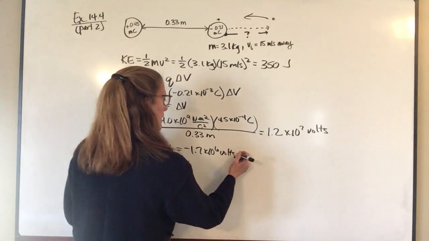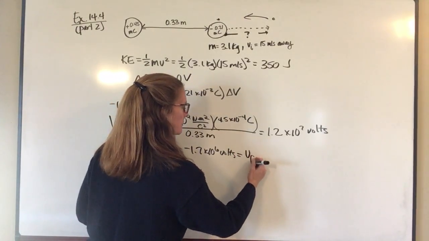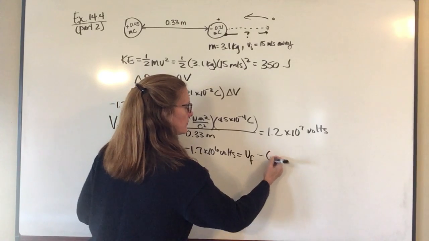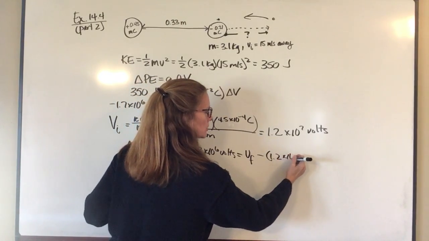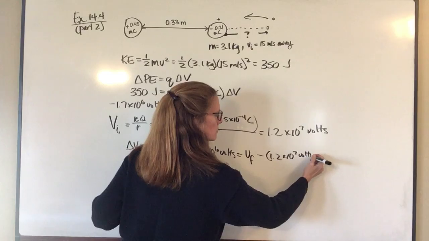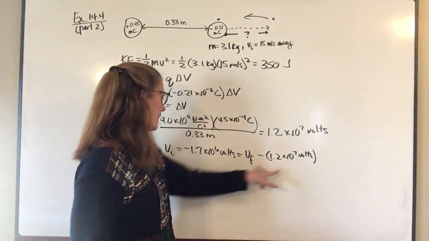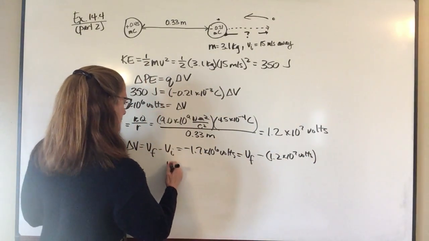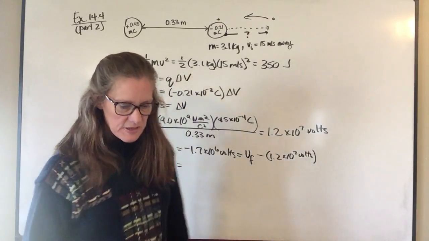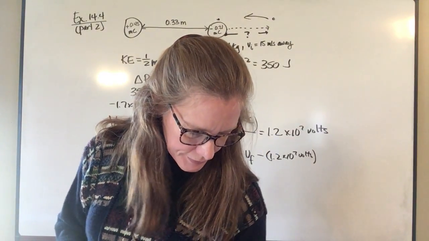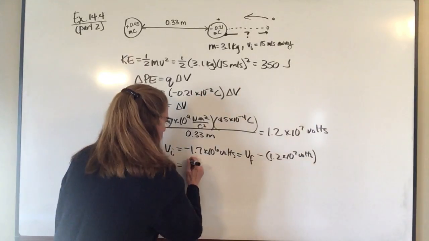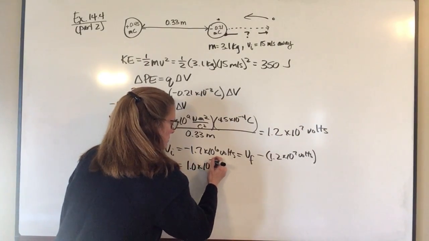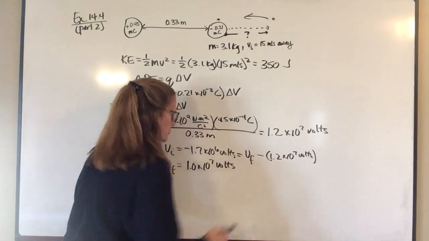And then I'm going to have V sub F minus V sub I, which is 1.2 times 10 to the 7th volts. Okay, so if I add that number to both sides, I come up with a V sub F of 1.0 times 10 to the 7th volts.